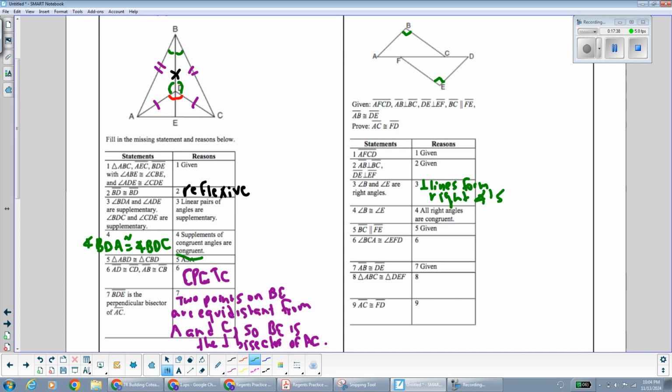And then we know that they're congruent due to the fact that all right angles are congruent. They also tell us that BC is parallel to FE. And since they spread that given out, since it's not at the very beginning, that leads me to believe that the next step is going to follow from the parallel lines. And I see it's about angles, so I'm going to think about my angle relationships when parallel lines are cut by a transversal.